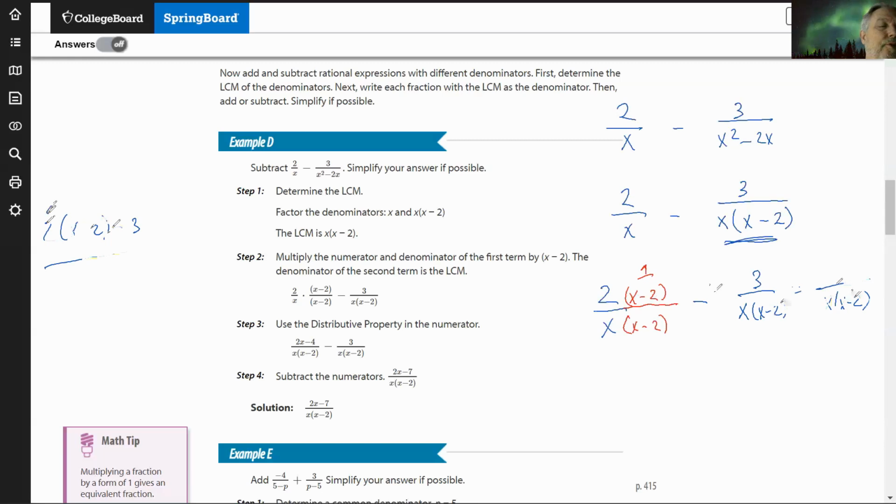So we would have done 2x minus 4, and then minus 3, and we would have gotten 2x minus 7. So that ends up being our answer: 2x minus 7 over x times x minus 2.